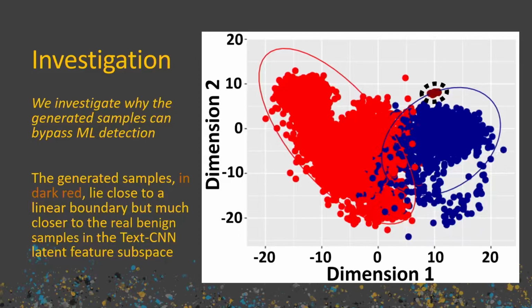They lie pretty close to the boundary, but much closer to the real benign samples, particularly in this text CNN feature space. Recall that all these samples passed our adversarial assessment quality check, but when they are mapped into this highly effective feature space, they get mapped from the red part to the blue part.